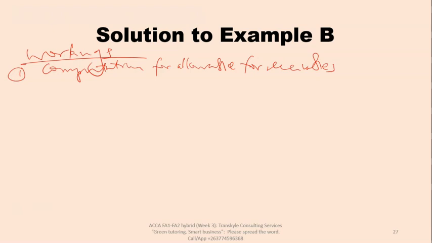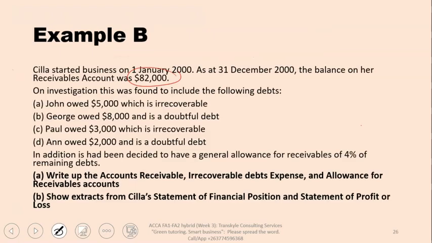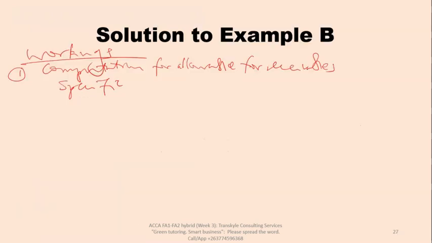We've got the specific as usual. These ones which are tagged doubtful are specific ones. So that's 8,000 plus 2,000, and we get 10,000.